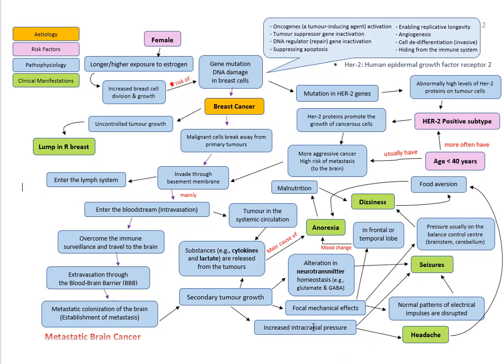And then we go to the headache. Remember, brain tissue itself does not feel pain. So you need to think about what structures would report pain. These would be the meninges or blood vessels, because of stretching. They're stretched by an increased intracranial pressure, and that's how the headache most accurately would come about.